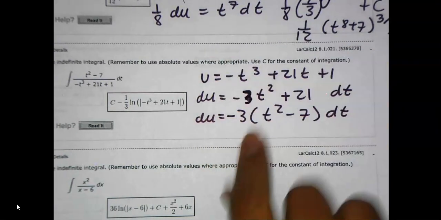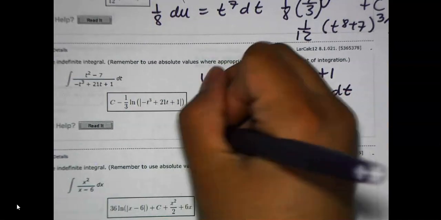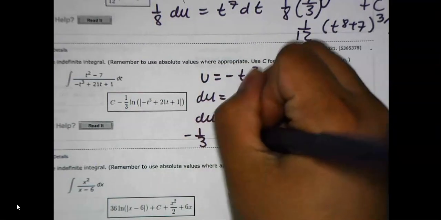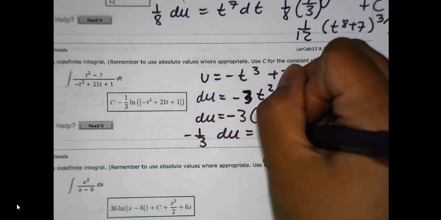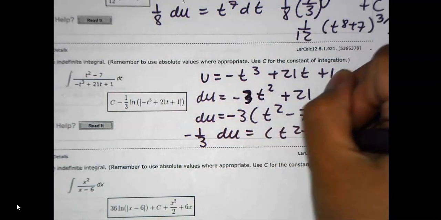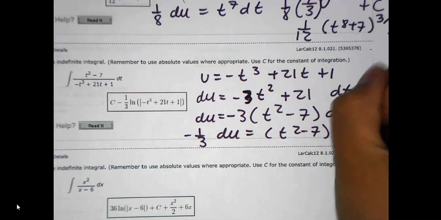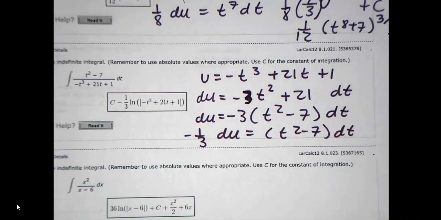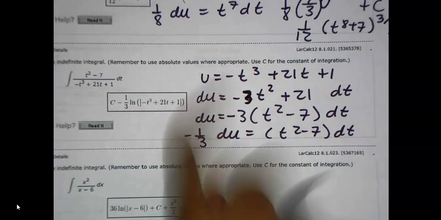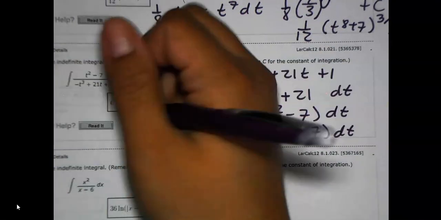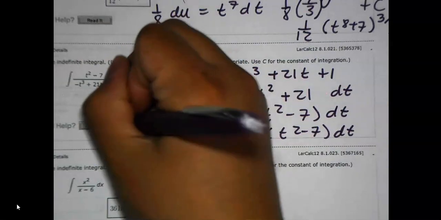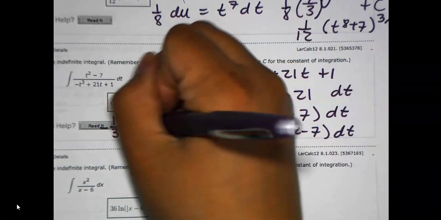And what I'm going to do is divide by negative third du. So now my integral, by substituting all of this, will be 1/3. It will be 1 over.